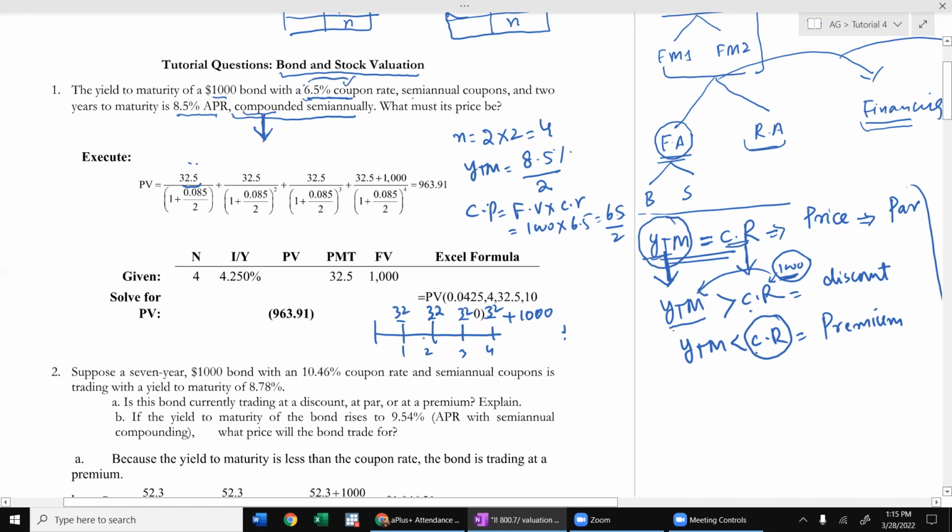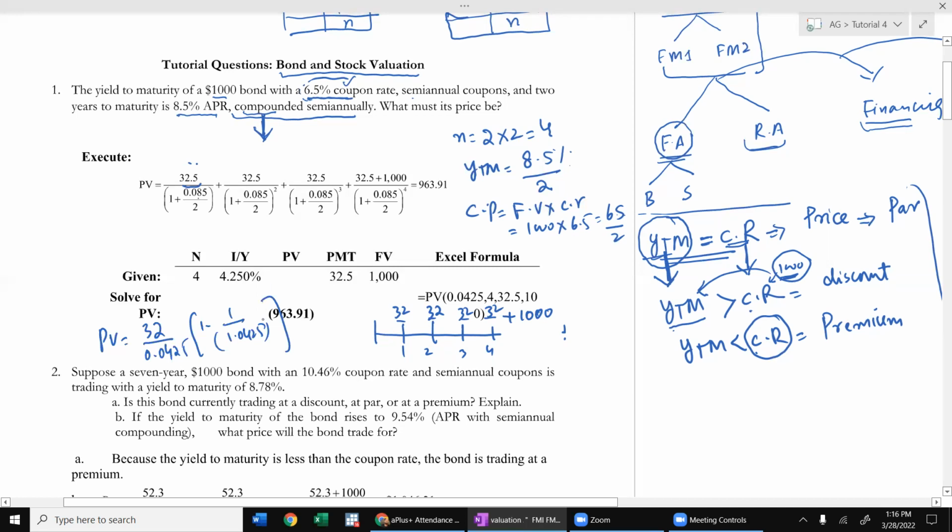Okay, so you can apply the formula of present value of annuity: C, the coupon payment of 32, divided by the rate, that is 0.085 divided by 2, that is 0.0425, times 1 minus 1 over 1.0425 to the power... what should be the power?